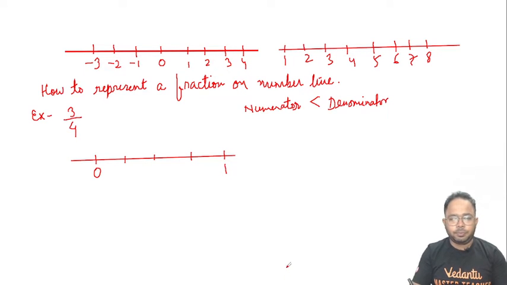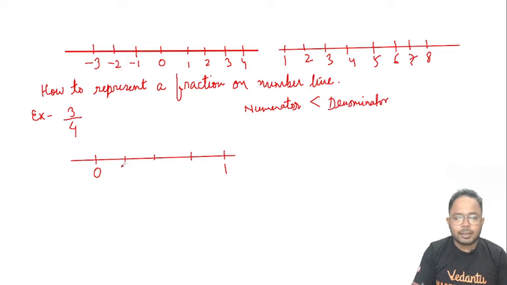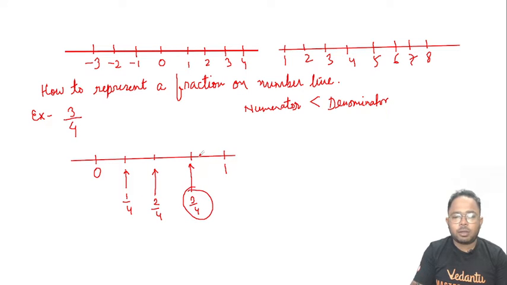This is our first, 1 by 4, because out of the 4 parts, this is 1 by 4. This is going to be 2 by 4, and this is going to be 3 by 4, and this is our point on the number line.